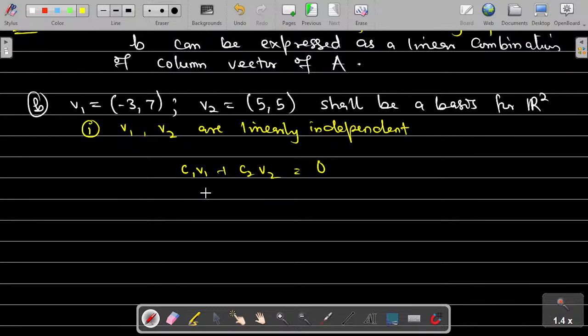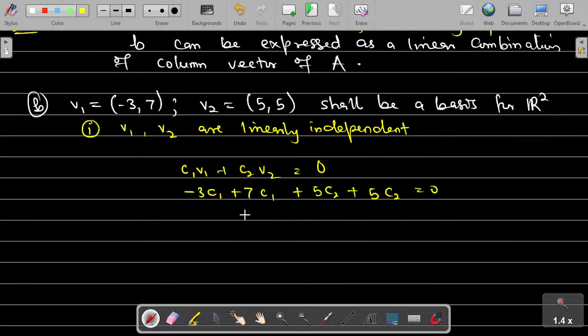So in other words, c1 times minus 3, plus 7 c1, plus, now multiplying this, 5 c2 plus another 5 c2, is equal to 0, 0.